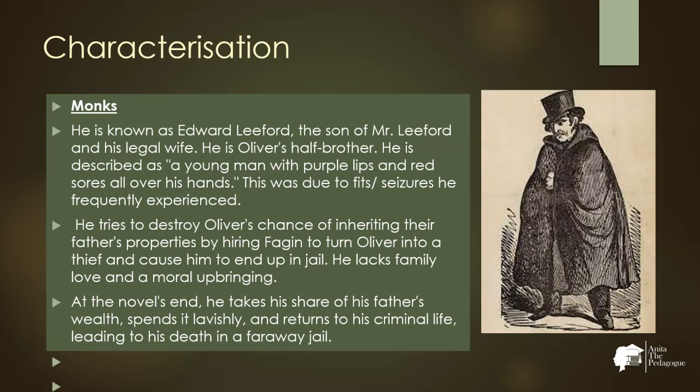He tries to destroy Oliver's chance of inheriting their father's properties by hiring Fagin to turn Oliver into a thief and cause him to end up in jail. He lacks family love and a moral upbringing. At the novel's end, he takes a share of his father's wealth, spends it lavishly, and returns to his criminal life, leading to his death in a faraway jail.